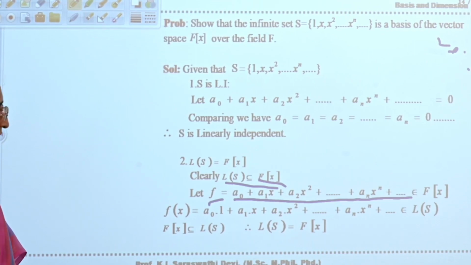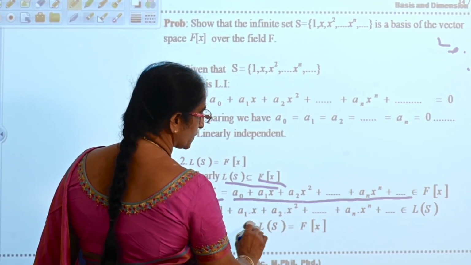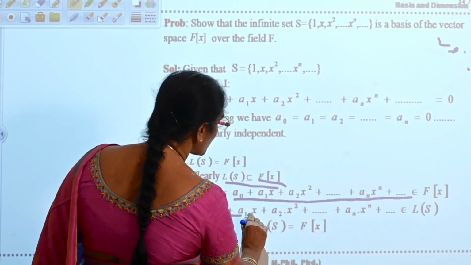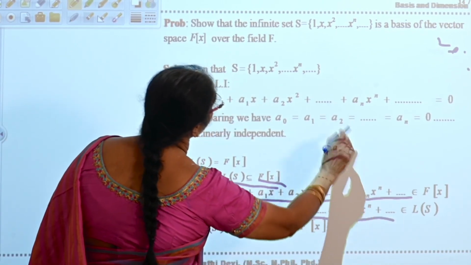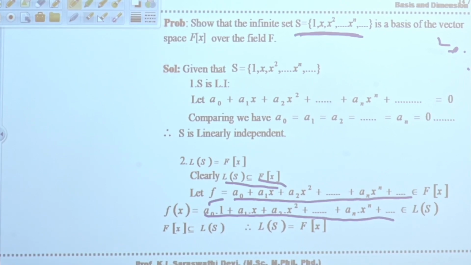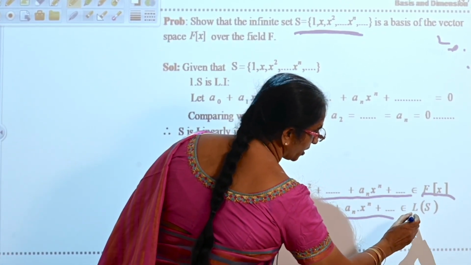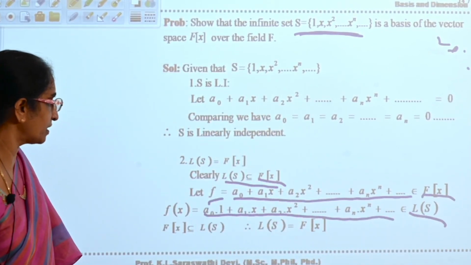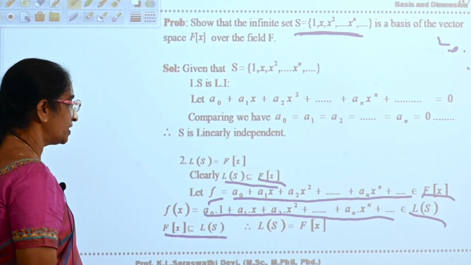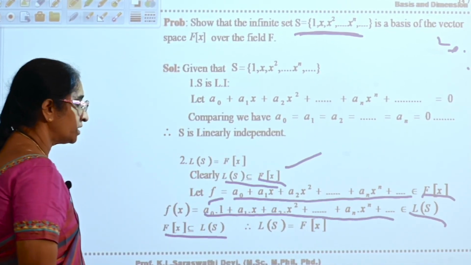For that what are you taking? a naught into 1 plus a1 into x plus a2 into x square plus so on an into x power n. What is this? This is nothing but a linear combination of the elements of S. So it belongs to L of S. You have taken f in f of x and you are able to say that it is in L of S. Therefore f of x is a subset of L of S. Already you have L of S is a subset of f of x.